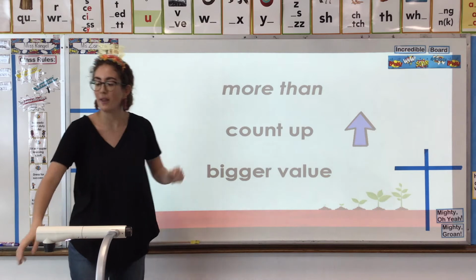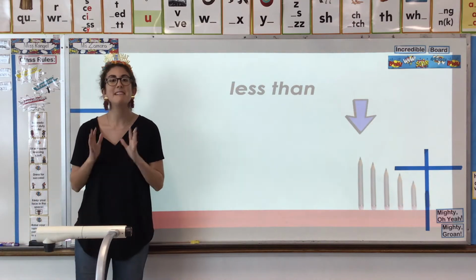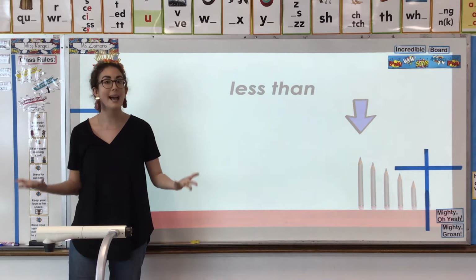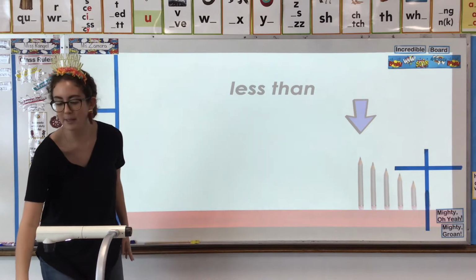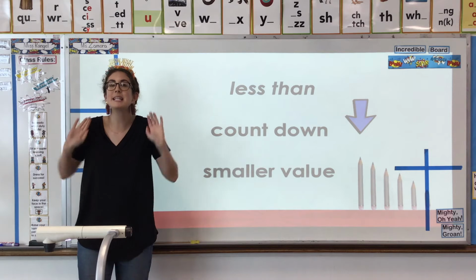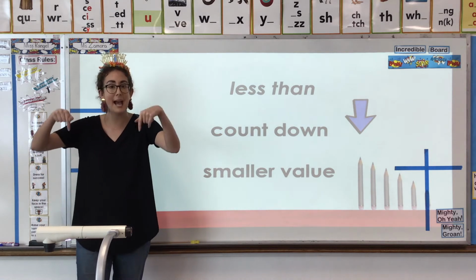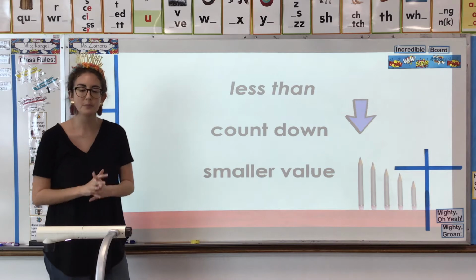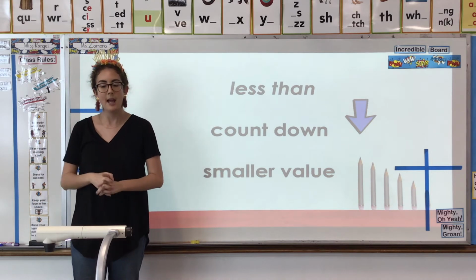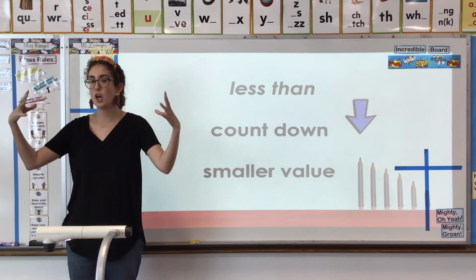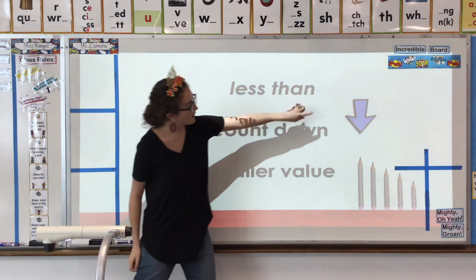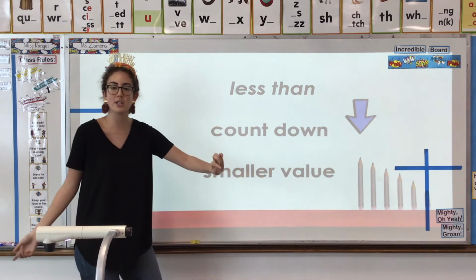But then if we do the opposite and we describe a relationship between numbers by saying less than, that means we counted down. We counted down and therefore got a smaller value. So with less than, that means we counted down and got a smaller value as a result. And of course, our arrow has switched directions.